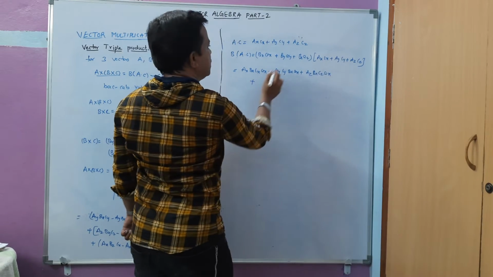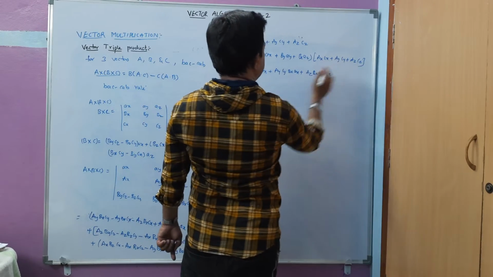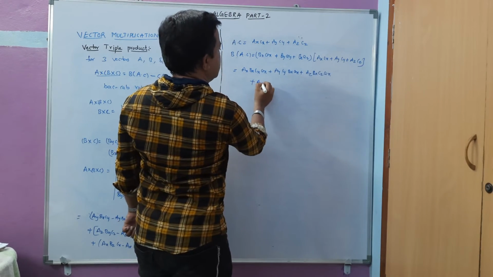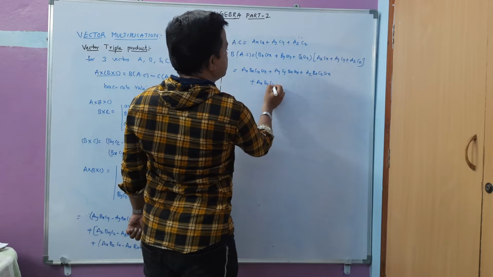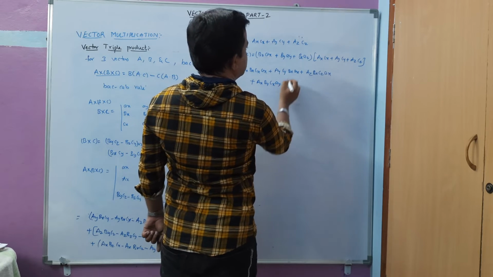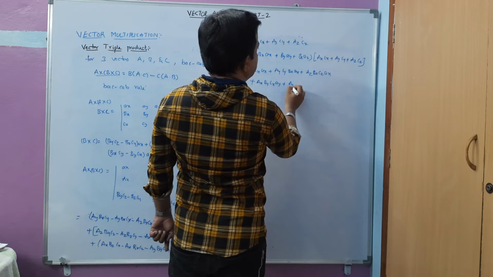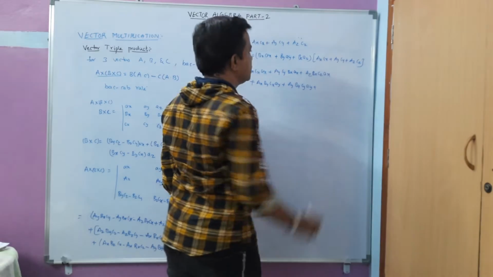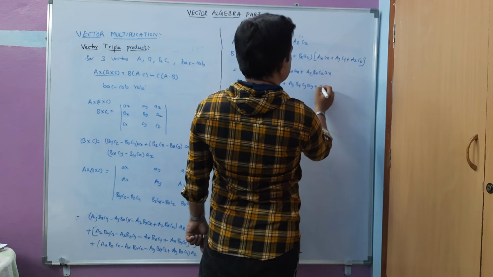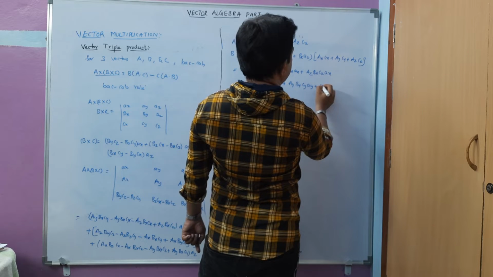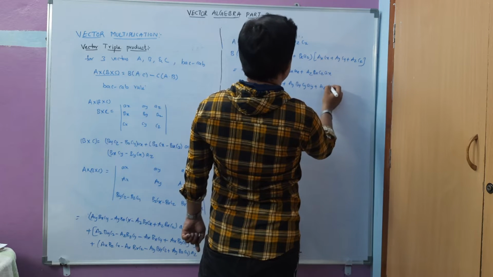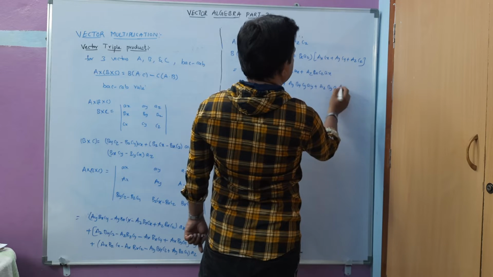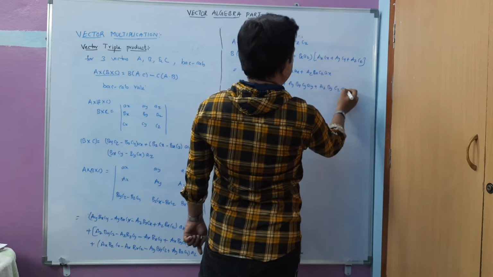Next these two into these three: AX BY CX into AY plus AY BY CY into AY plus AZ BY CZ into AY.